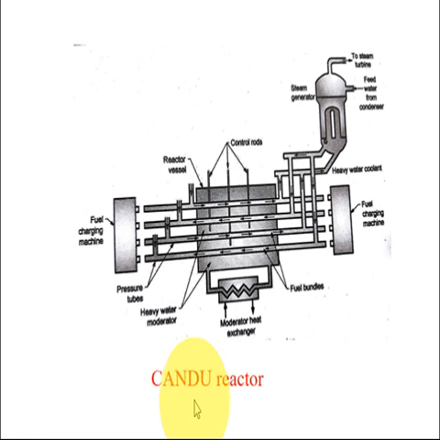In the primary circuit, the heavy water enters into the reactor, and due to the nuclear reaction, this heavy water is heated, and the deuterium typically enters the calandria at 110 bar and 260 degrees Celsius.